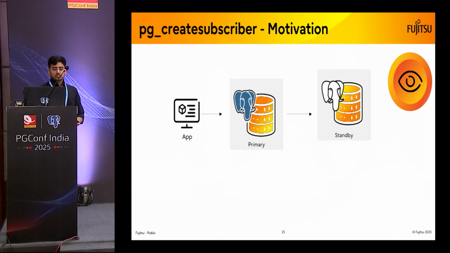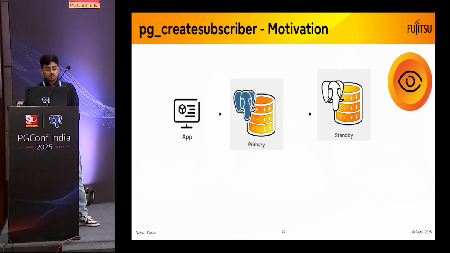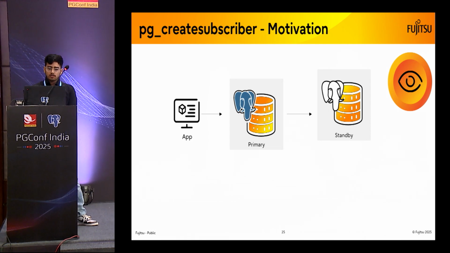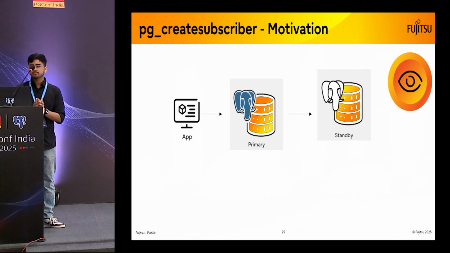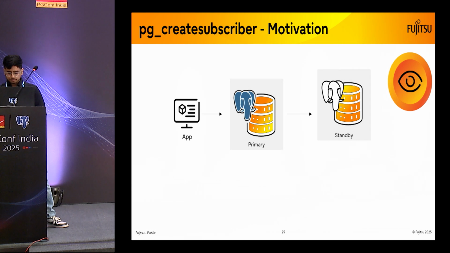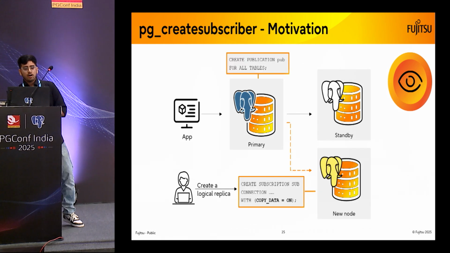So what was the motivation behind this? Suppose there is a streaming replication setup, and now we want to create a logical replica. How do we create it?